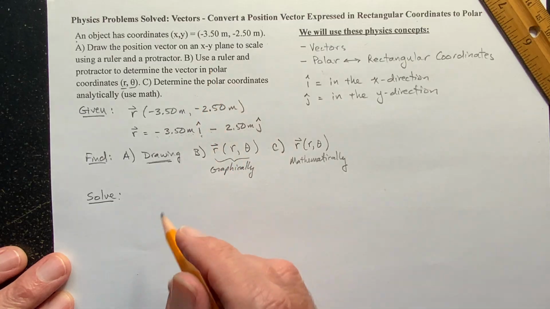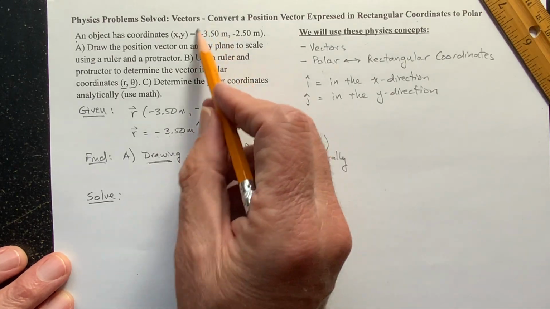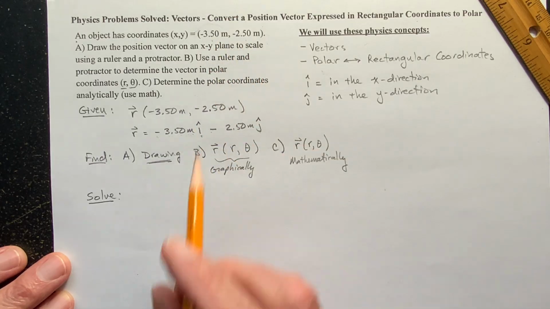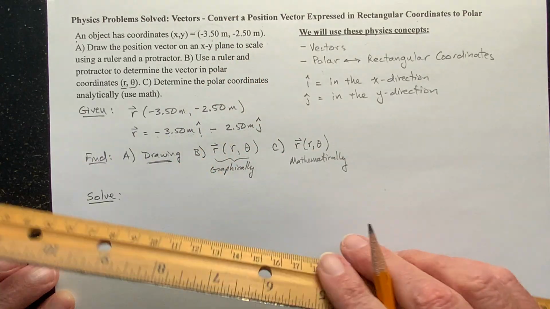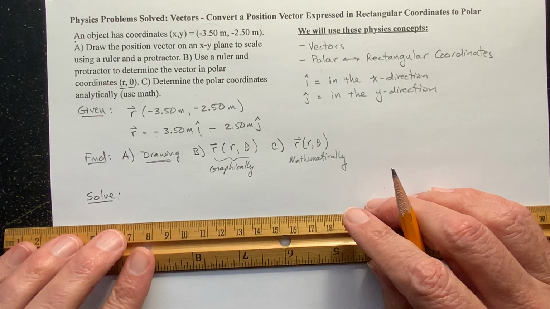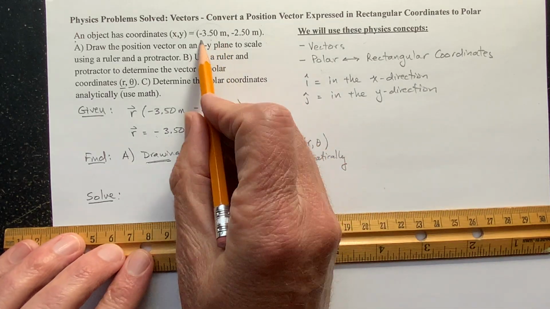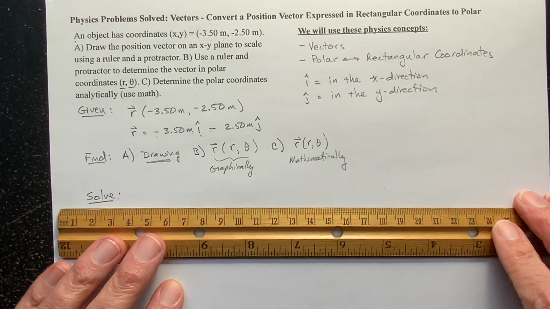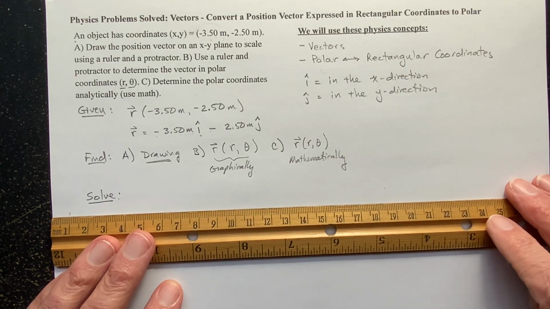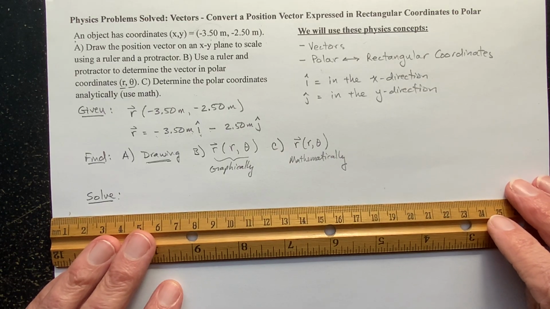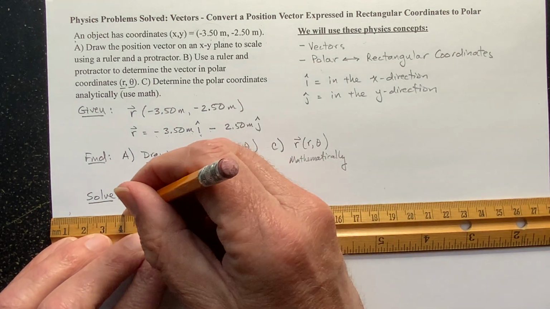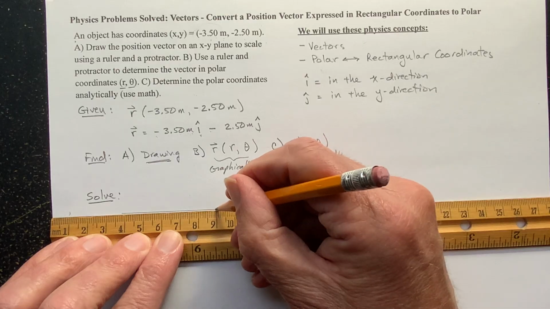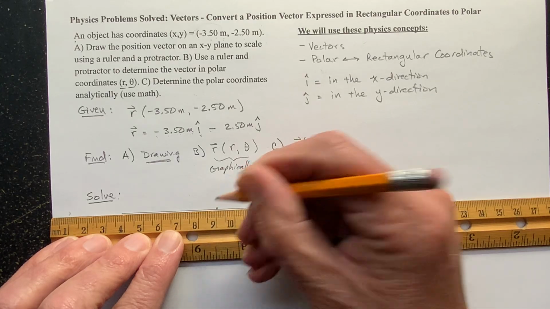All right, so I noticed that this is all in that third quadrant, right? Negative x and negative y. So what I'm going to do is make 1 meter equal to 1 centimeter on my ruler. And so I'm going to draw a line like this. Maybe I'll put the origin right here.